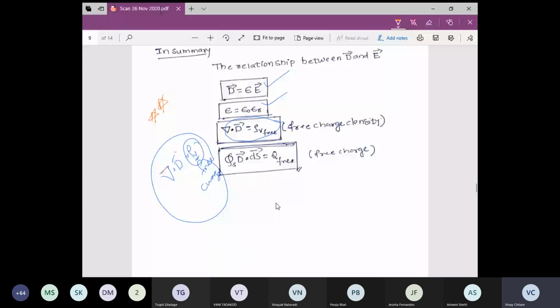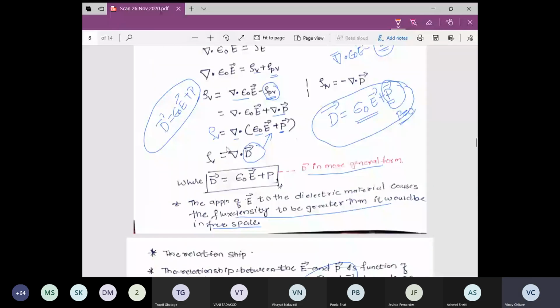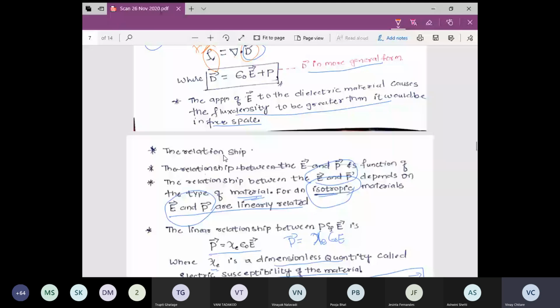Whenever we write del dot D equal to rho V, it implies only free charge. Similarly, the integral of D dot dS is equal to Q, and this is a free charge, as we have said here. Solving this, rho V equal to del dot D is due to free charge itself, not due to any bound charge.